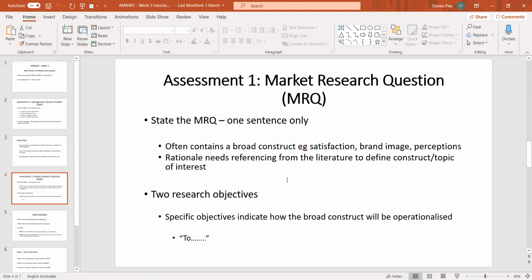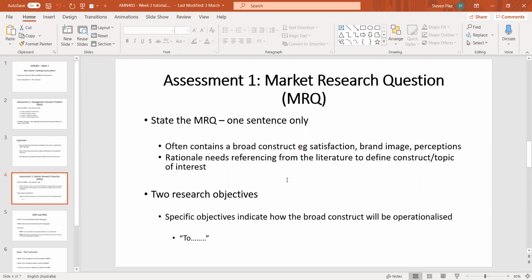So if it's about satisfaction or brand image or perceptions or brand loyalty or whatever construct or topic, provide an accepted definition of that, because that then helps us to work out how it could be measured. So the marketing research question is quite broad, and it needs to be broken down into more manageable objectives to collect the different data that's required.